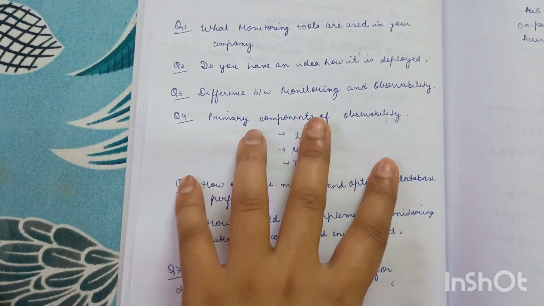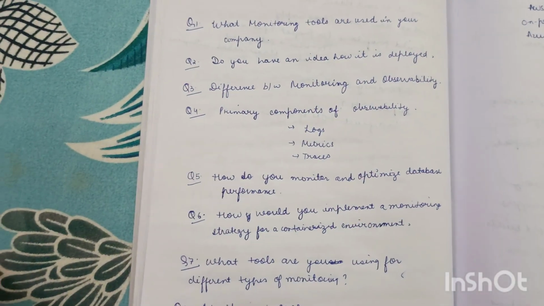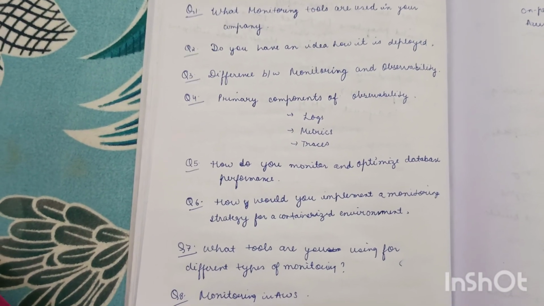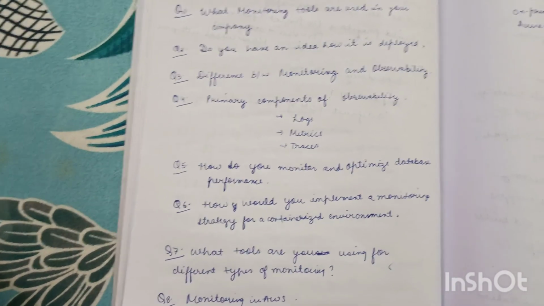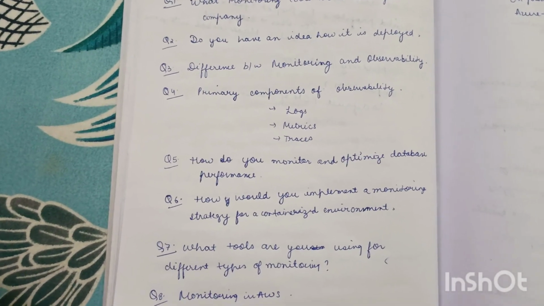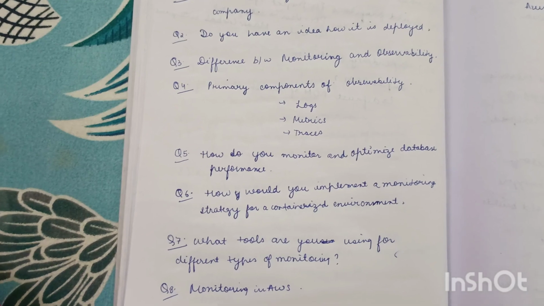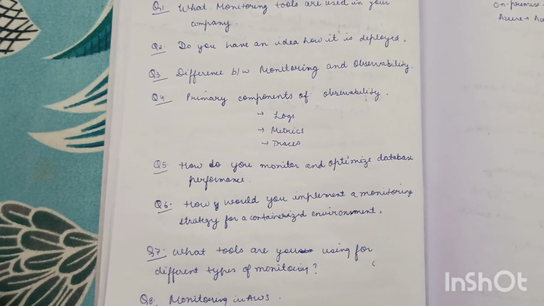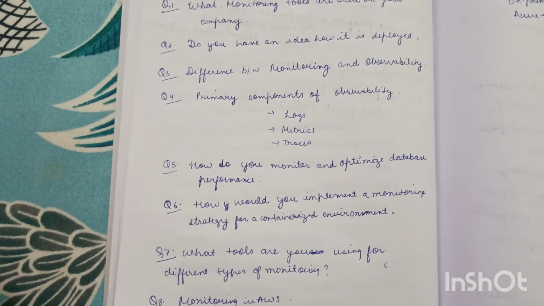Then, the difference between monitoring and observability. Monitoring is collecting metrics, like CPU and memory, according to what we have defined. Observability is a deeper term, where we check the health of an application by observing everything.